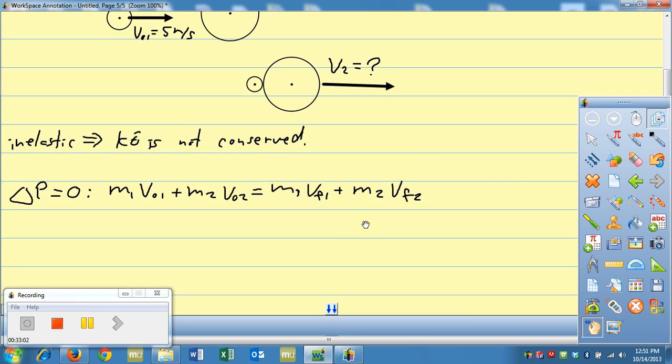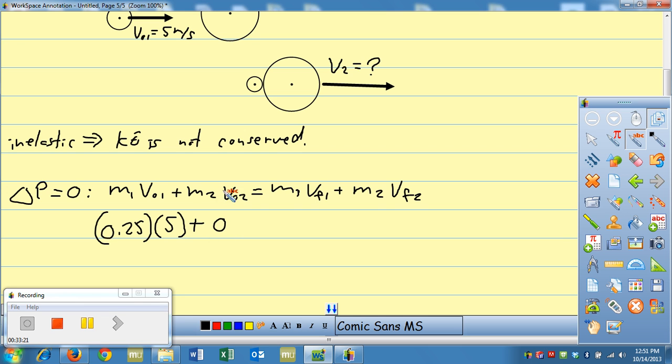So, in our case, we've got, let's see, what was that, 0.25? Yeah, okay, so we have 0.25 times 5 plus, this is 0 because the second mass is not moving.